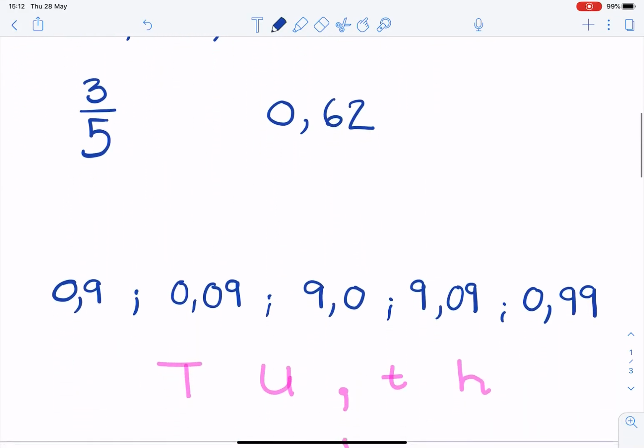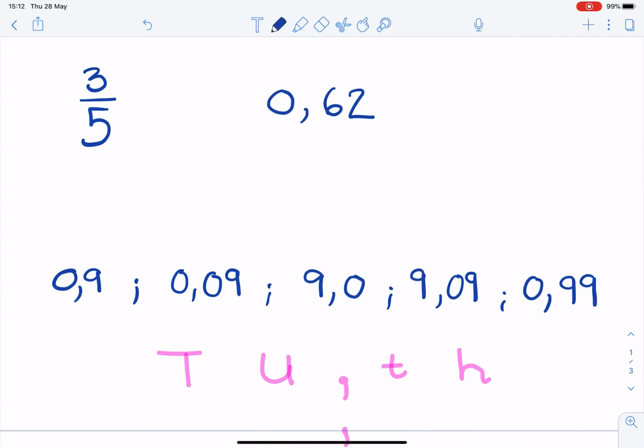What happens if we need to compare these two numbers? One is a common fraction, the other is a decimal. We need to change one of them to be like the other so that we can compare apples with apples. So I'm going to change 3/5 into a decimal.